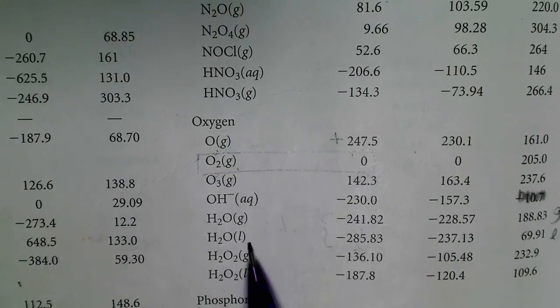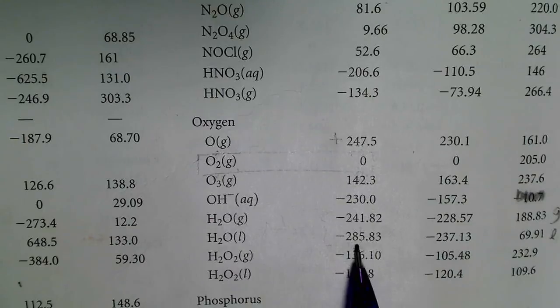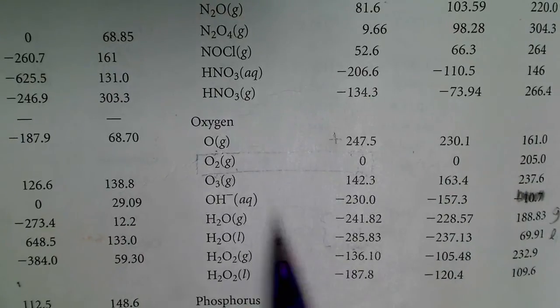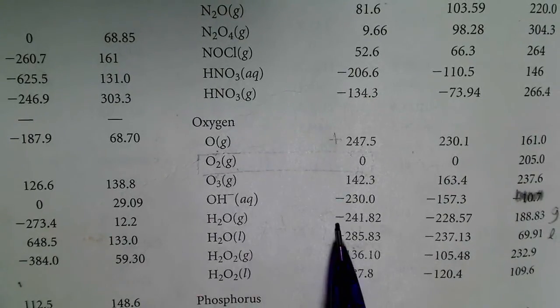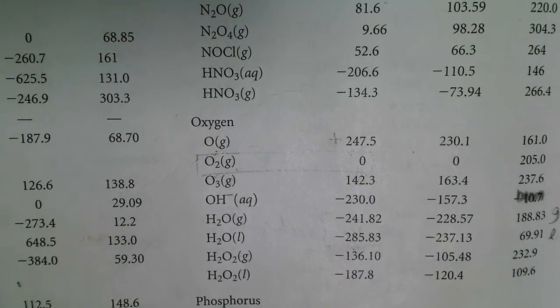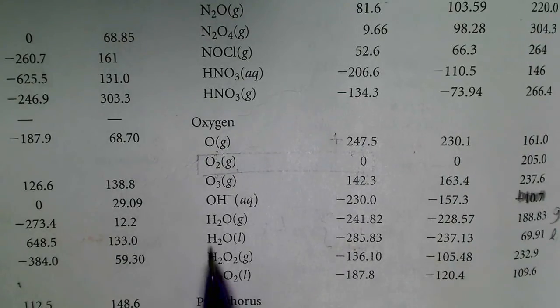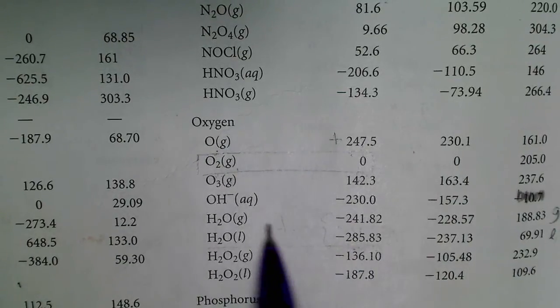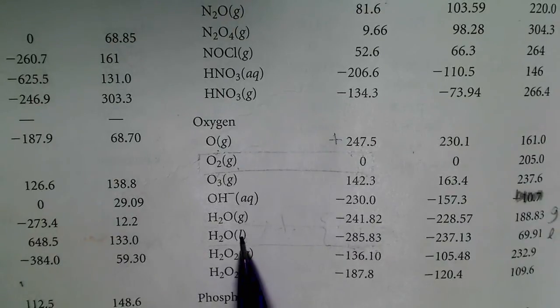So water in the liquid phase has a value of negative 285.83. In the gas phase, it's a slightly larger number. It's less negative. So we want to make sure that we get the right state that something's in.